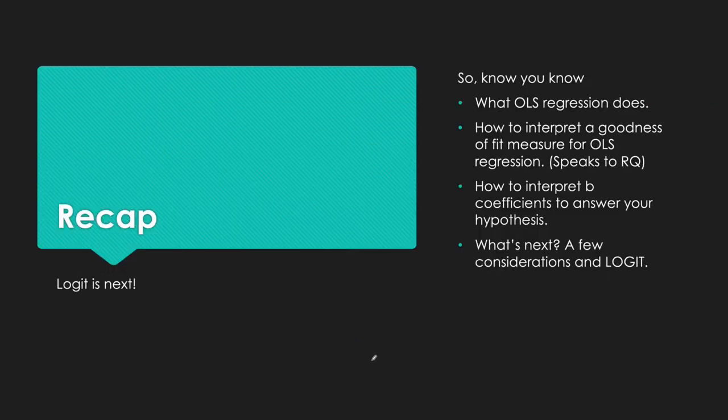All right, so to recap, what do you know so far? You know what OLS regression does. You know that it's intended to provide you a multivariate analysis of the relationships between various x's, and particularly your independent variable of interest and your dependent variable, right? It does so by drawing a line.